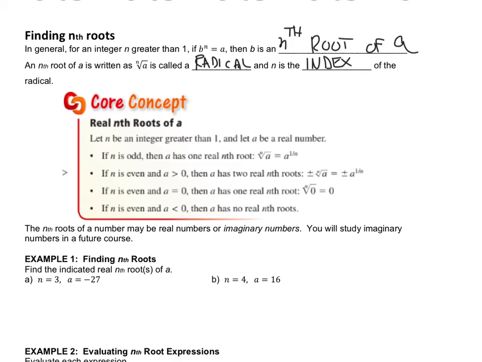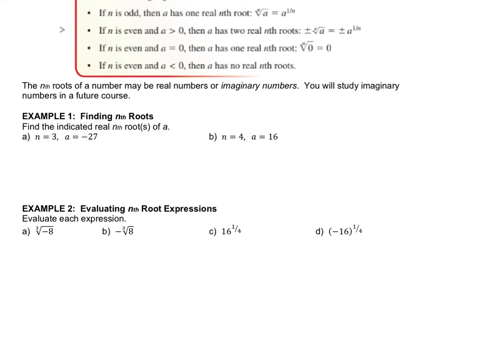So let's start looking through some of the examples. Finding nth roots: find the indicated real nth root of a. To write this out, we know it should look like there's the index and there's the base. We're working with the third root of negative 27.